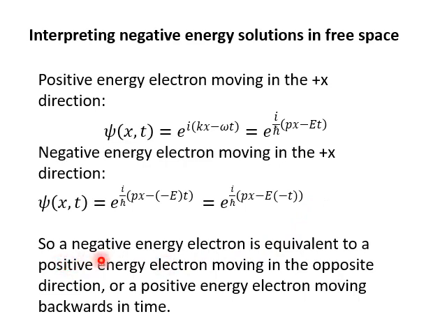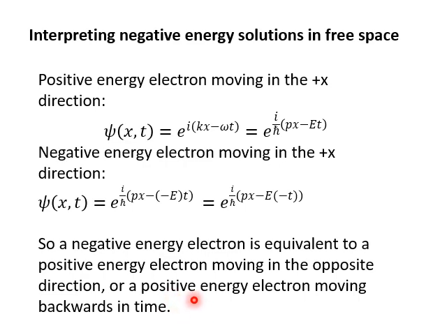So a negative energy electron is equivalent to a positive energy electron moving in the opposite direction. Or another way that people talk about it is a positive energy electron moving backwards in time.